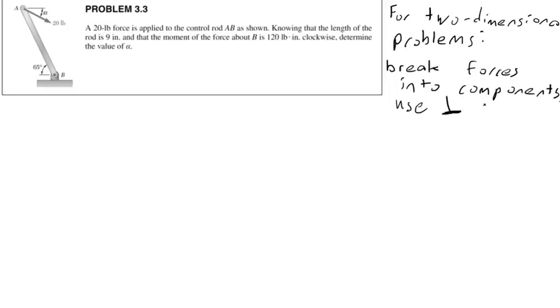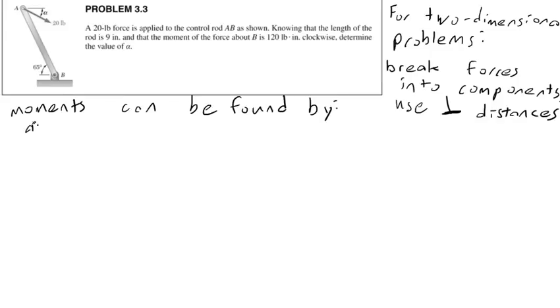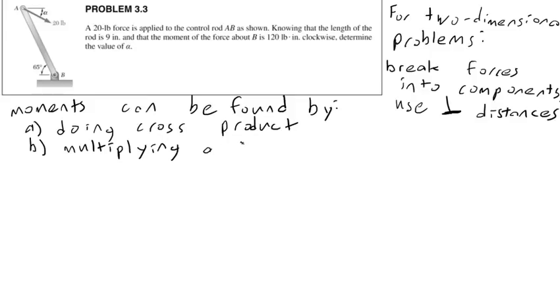Because the moment can be found two ways: A, doing the cross product, or B, multiplying a force by a perpendicular distance. Perpendicular distance.